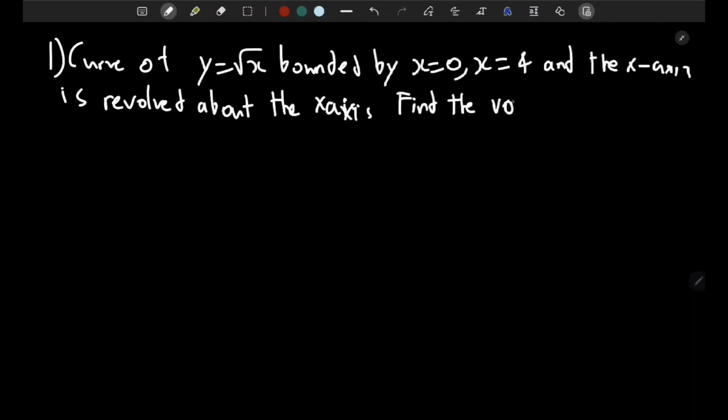Whenever you have a question like this, it is always best to visualize the area or the volume. So the first step here is to draw the graph of y equals radical x, put these x values in, and just visualize it. So here I'm going to draw the graph.